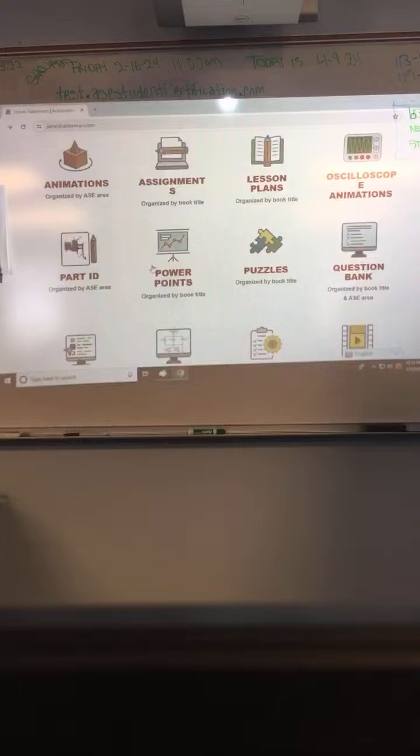Definition B says MacPherson strut type suspension uses only one control arm and one ball joint per side. B is right. The strut becomes your other pivot point and your structural part.